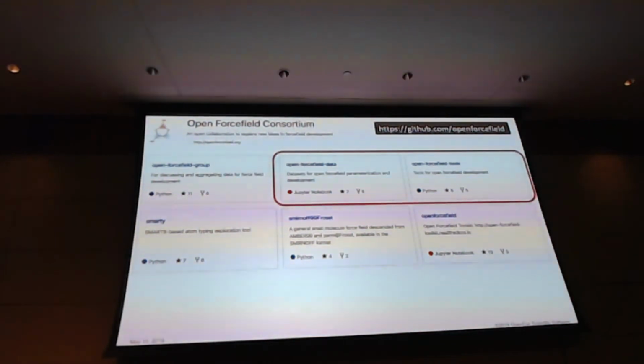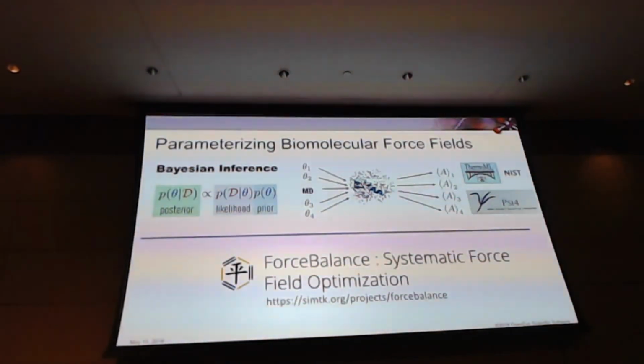Now, these are about the parameterization tools that we're building. Here I'm not going to spend very much time on this slide. I just want to show that we're going to be using Bayesian inference, a lot of science championed by the Chodera lab, where we can use Bayesian inference to try out different parameter sets in a simulation to calculate an observable.